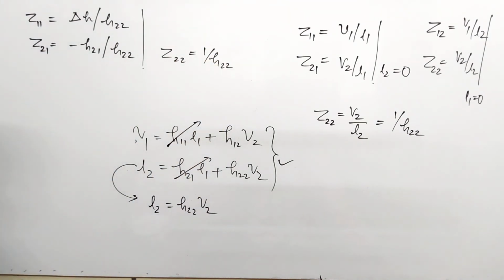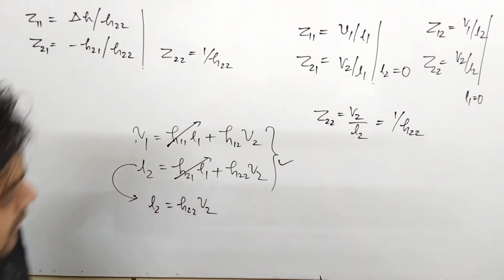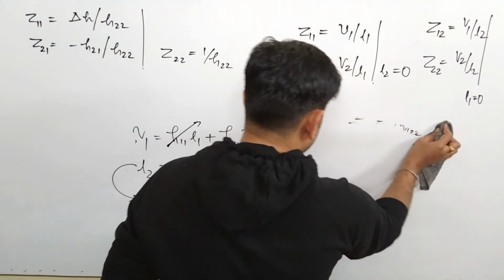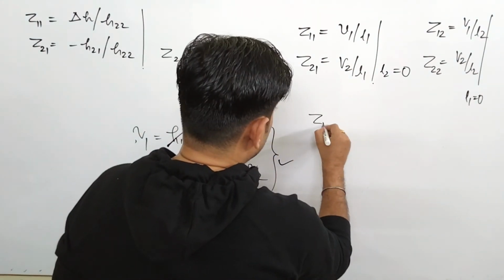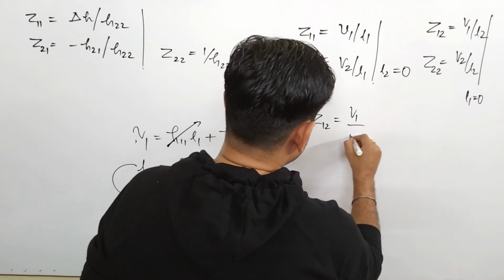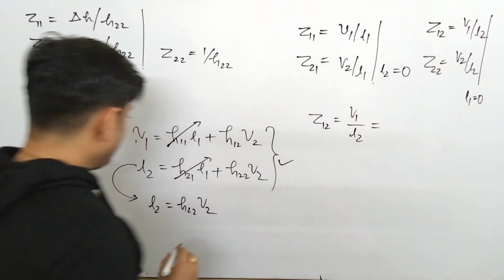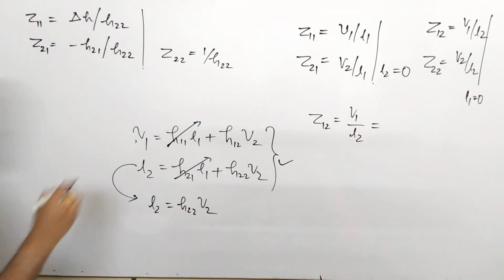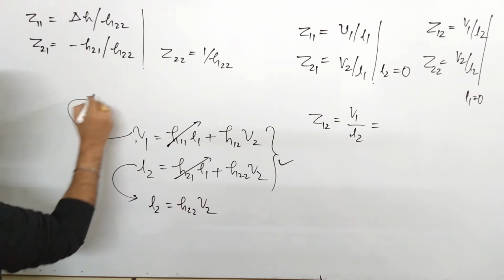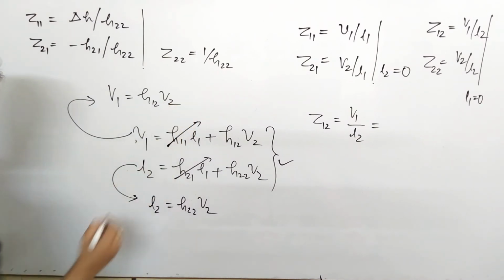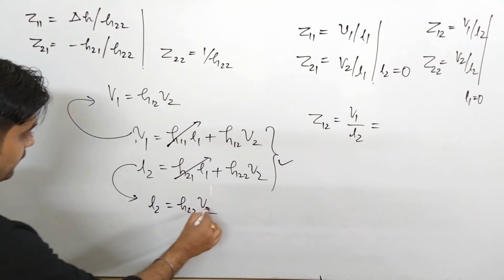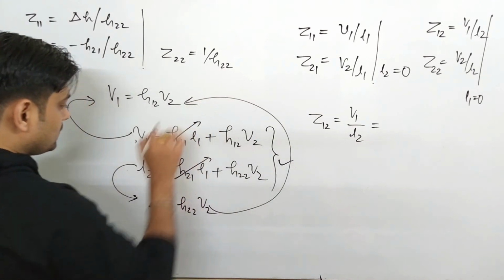Now you have to find the value of z12. z12 is v1 by I2. How will you find it? From this equation, the value of v1 comes to be h12 v2, and the value of v2 you can put from here in this equation.